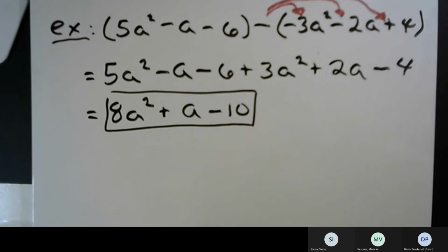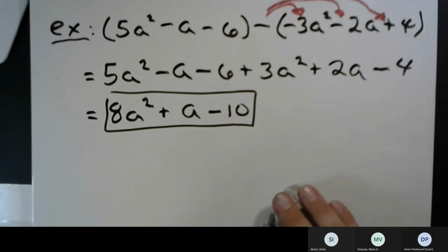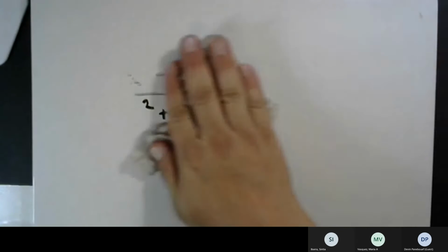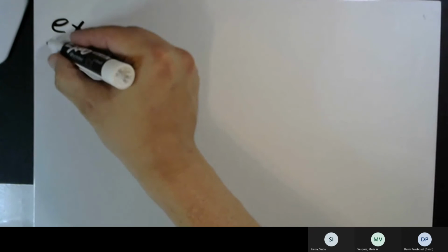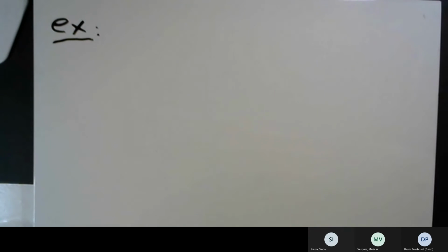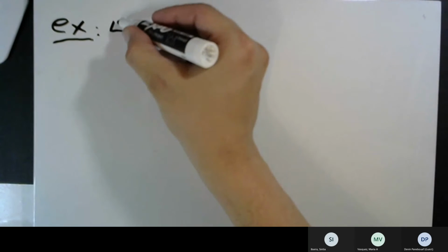Now, next what we're going to look at is multiplying monomials, or polynomials and monomials, and then also polynomials and polynomials. So this is section 4.5. So let's say we have this.